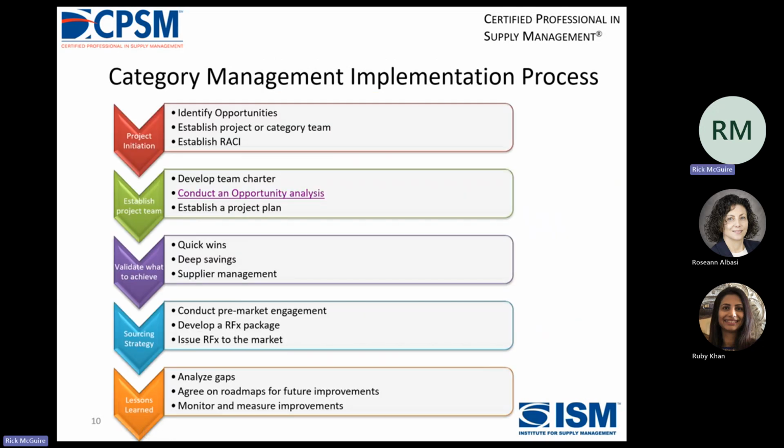So here's our implementation process. We've got a category management process, which is 4 steps that we looked at at the beginning. We've got the category management playbook, which implements the category management process. And here's another implementation process that kind of goes with or replaces the playbook.